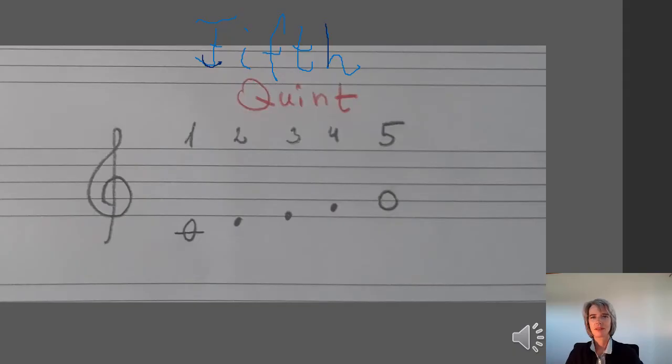The fifth interval is called fifth. 1, 2, 3, 4, 5.